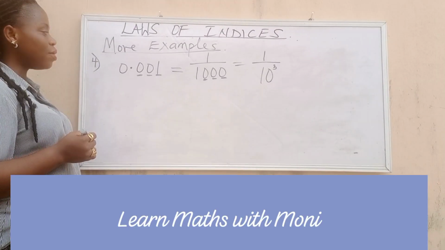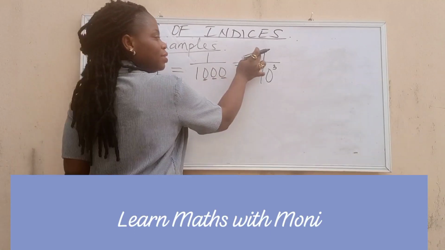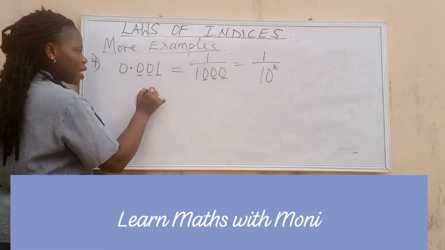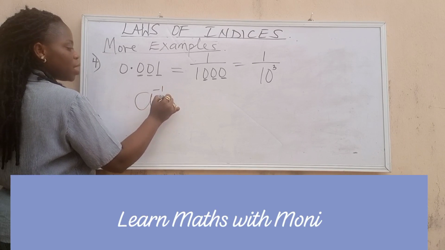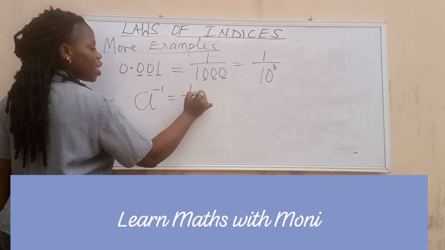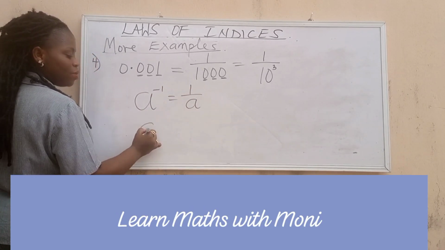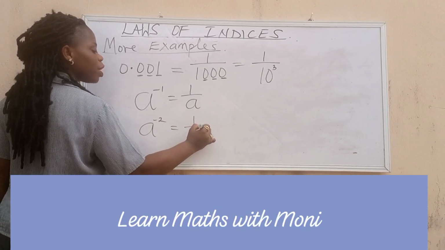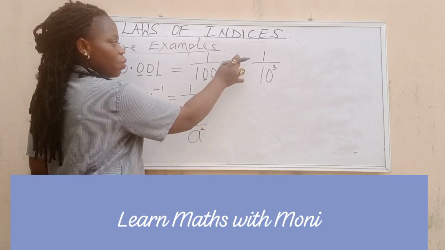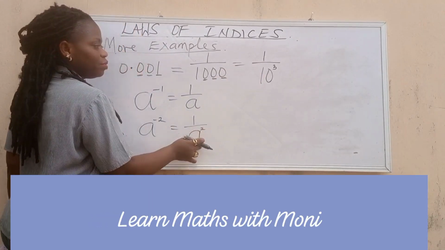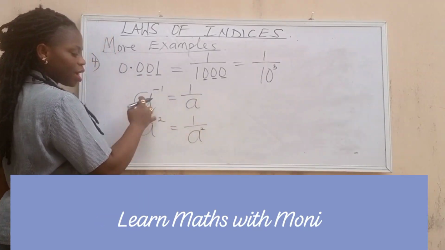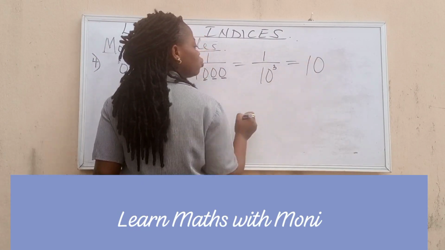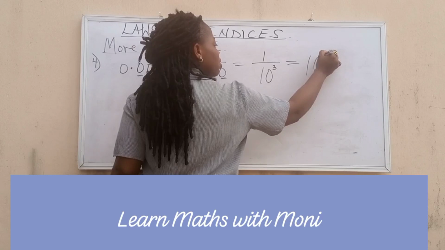Now remember the negative power law, which says that when I have a raised to power minus 1, it means 1 over a. When I have a raised to power minus 2, it means 1 over a raised to power 2. So 1 over 10 raised to power 3 can be written as 10 raised to power minus 3.